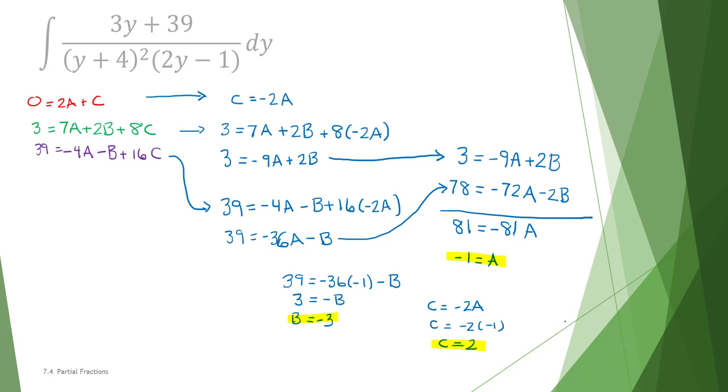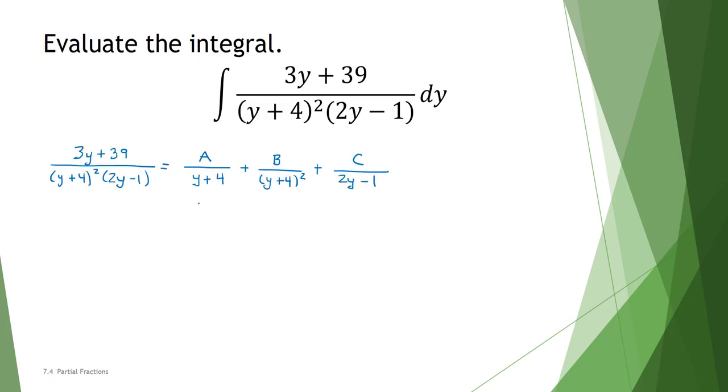Now, let's go back to our initial partial fraction decomposition. Here is our original decomposition. We figured out that A is -1, B is -3, and C is 2. By rewriting the integrand as the sum of these three fractions, we can rewrite the integral as the sum of three integrals.